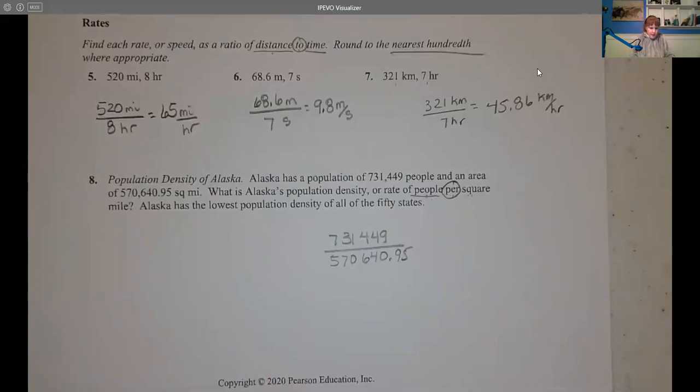All right, so what do we got here? 731,449 divided by 570,640.95.